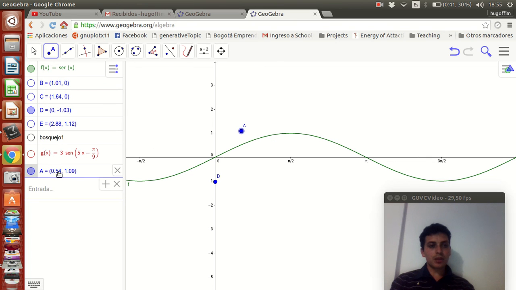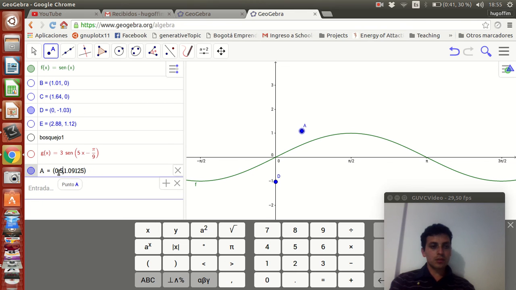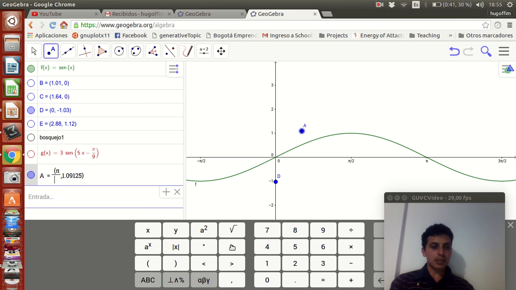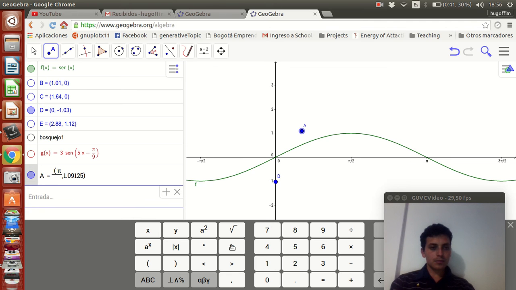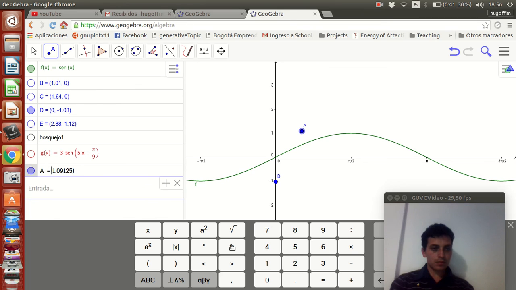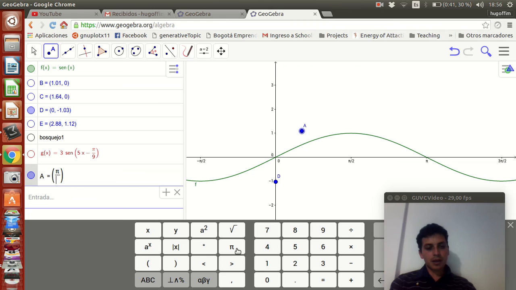So we're going to set a point, and the point is going to be pi divided by 45 and 0.